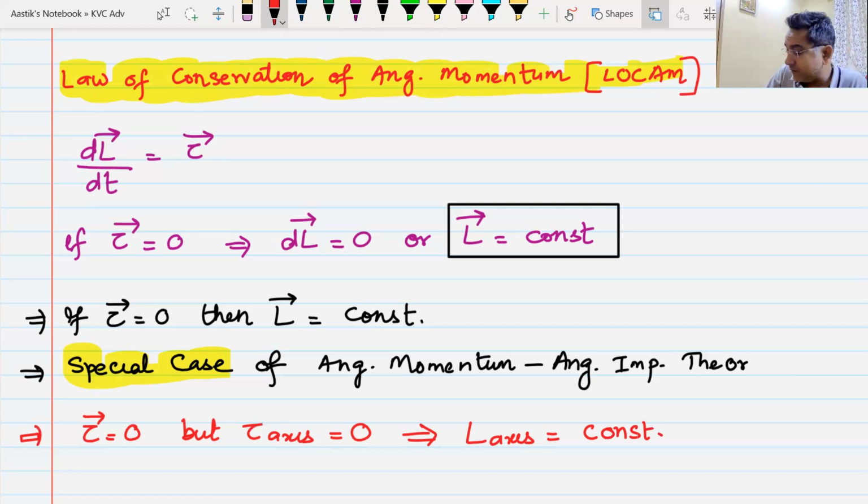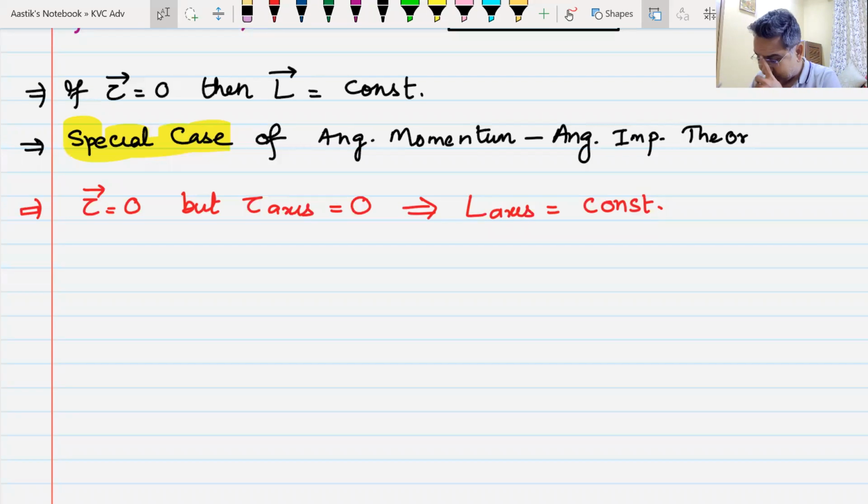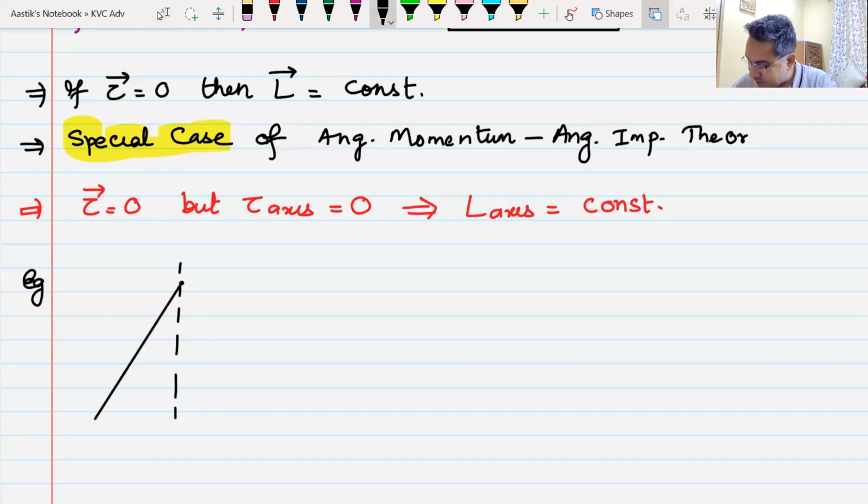So sometimes you might find a case where angular momentum is not conserved vectorially, but it is conserved along an axis, and the best example for this is this one. If you have this conical pendulum, do you remember the conical pendulum?